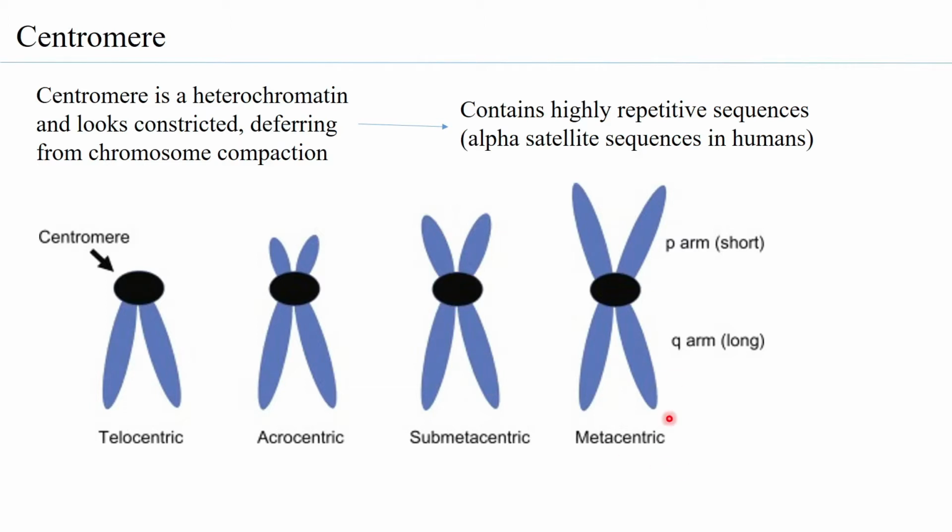In metacentric, the short arm and the long arm are almost equivalent to each other because the centromere is positioned right in between. So that is the way the chromosomes can be classified based on the position of the centromeric region. As you can see, the centromeric region takes up more stain, and at the position where the centromere is, you have a constriction very clearly observed.